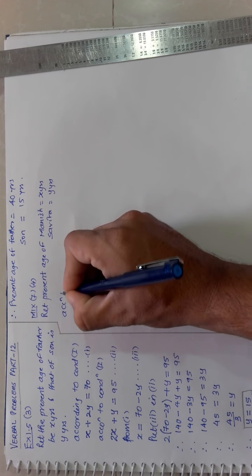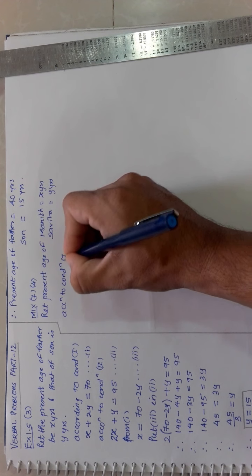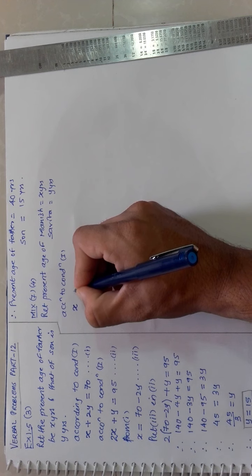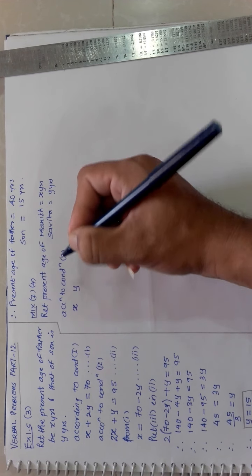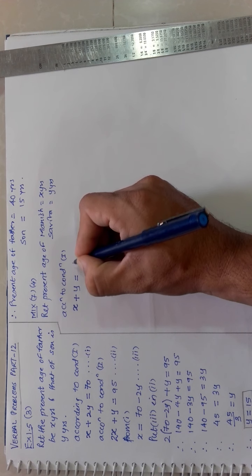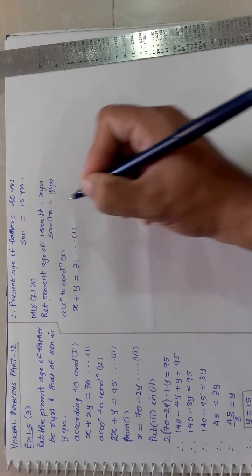That is according to condition 1. This is Manish's present age and this is Savita's present age. Both are to be summed, that means add, and you will get 31. Let this be your condition number 1.